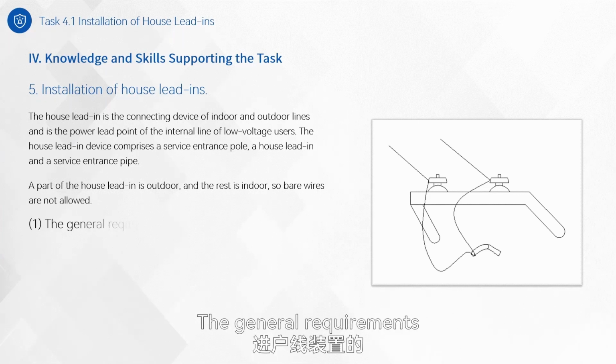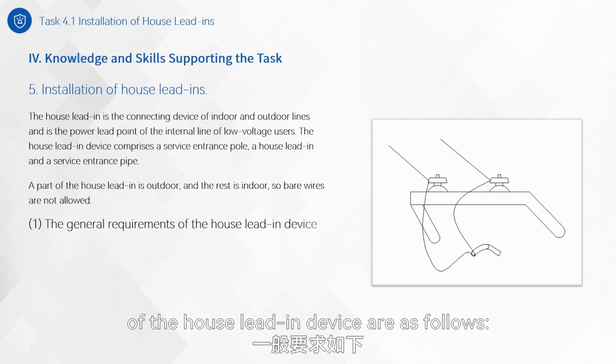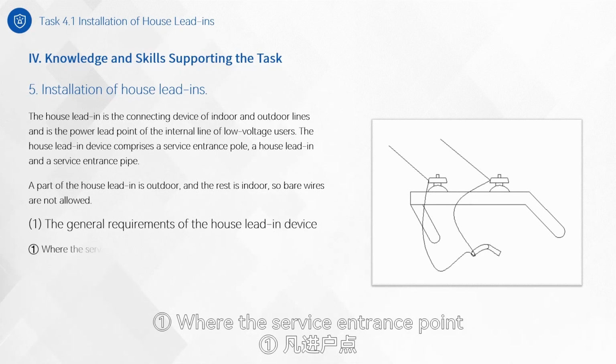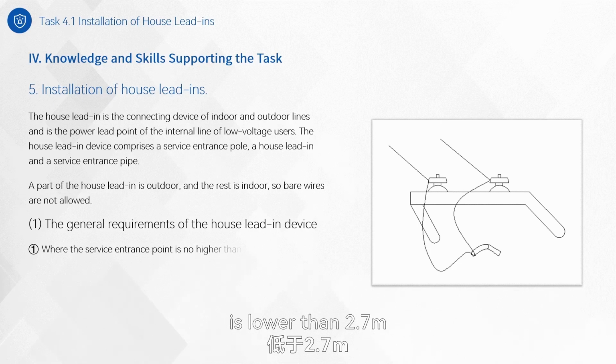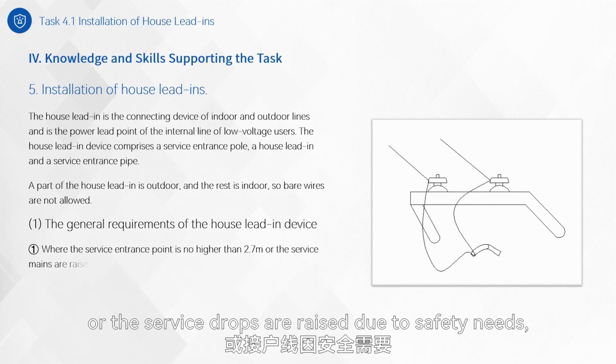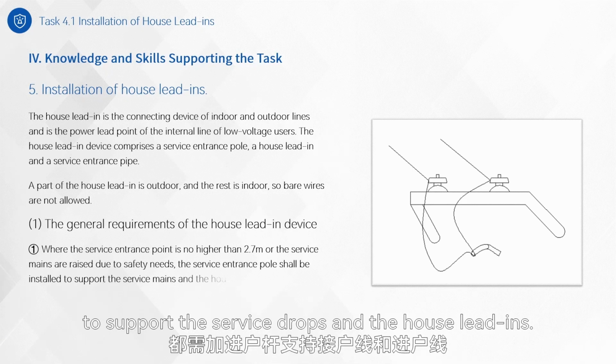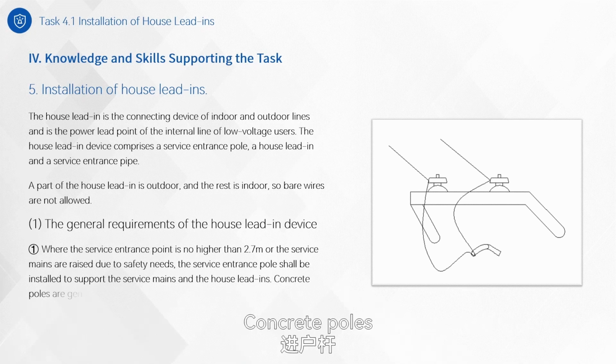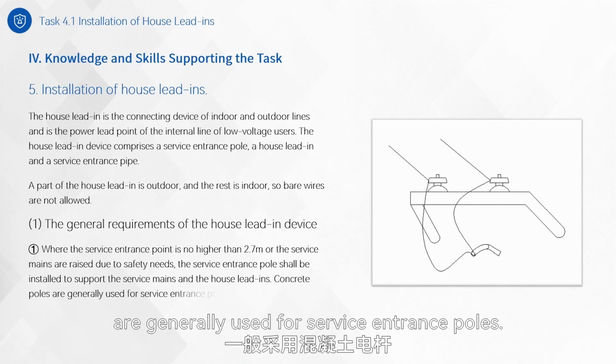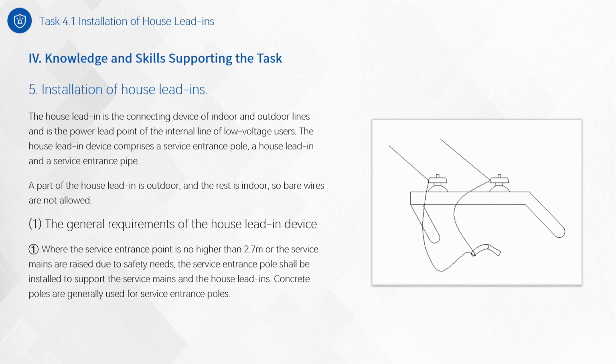The general requirements of the house lead-in device are as follows. 1. Where the service entrance point is higher than 2.7 m or the service drops are raised due to safety needs, the service entrance pole shall be installed to support the service drops and the house lead-ins. Concrete poles are generally used for service entrance poles. 2.